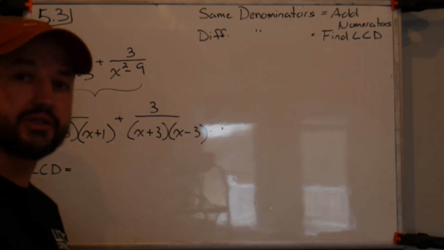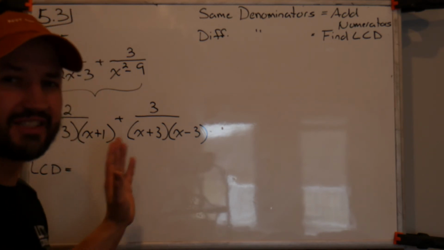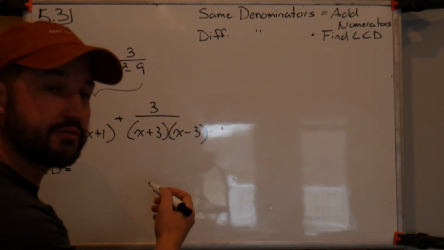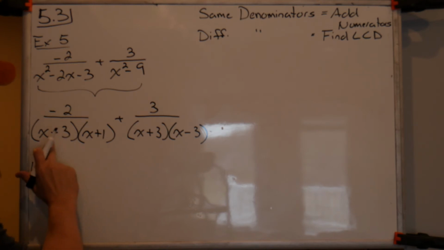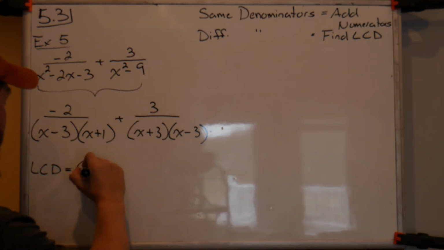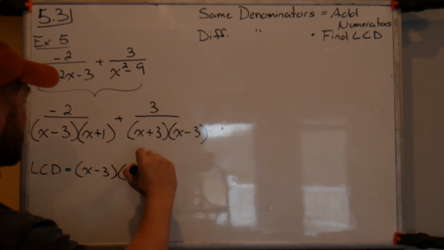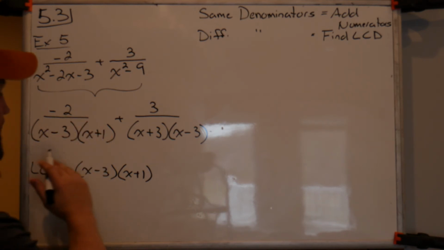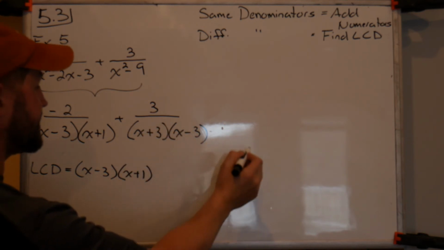Now, I'll talk about, I think, the quickest way to find the LCD right now, and then I'll skip over that explanation after this. I feel the quickest route for an LCD is simply take it piece by piece. Start left and work your way right. In this case, you're going to take everything from the first expression. So I've got an x minus 3 and an x plus 1. Done with that one. Now I move over here and I just start taking any new piece that I find.